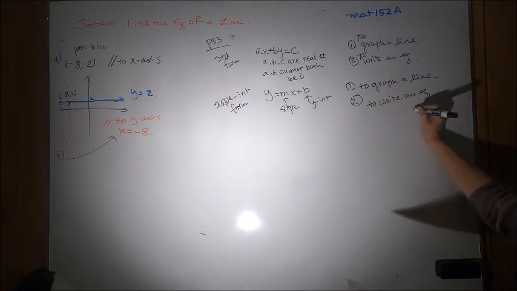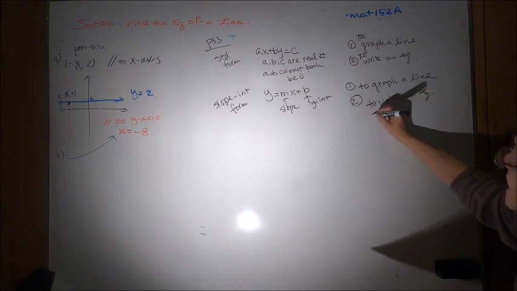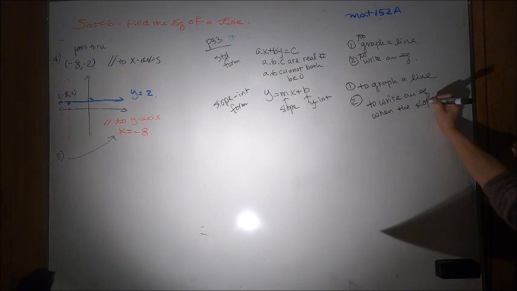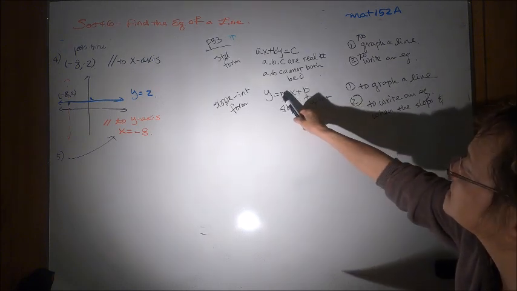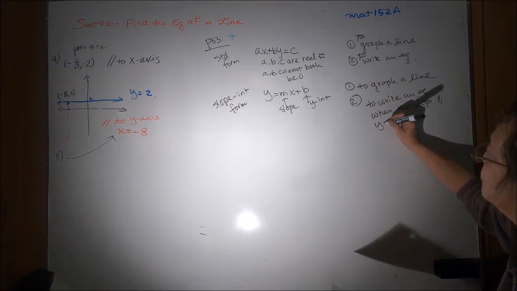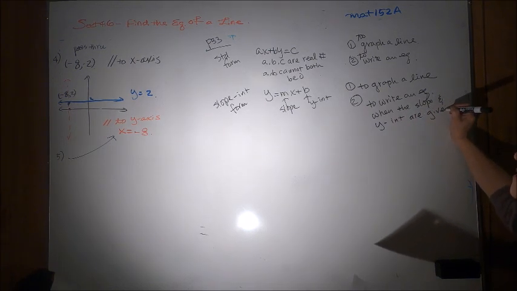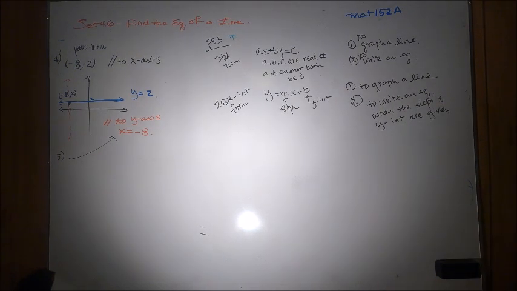When do we use it? When we have the slope and the y-intercept given to us. Then we can just write it directly, right?